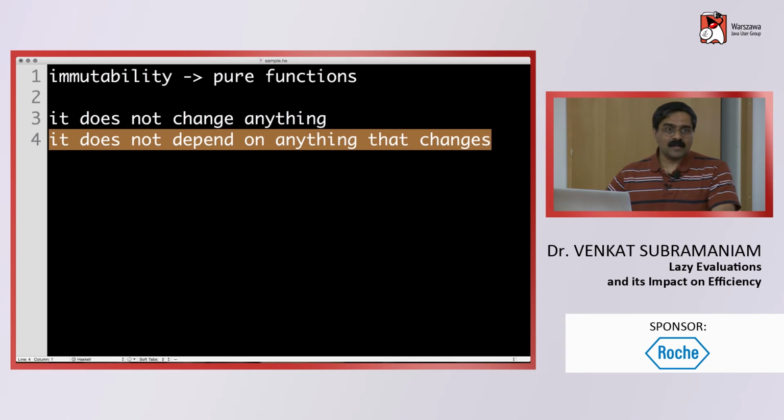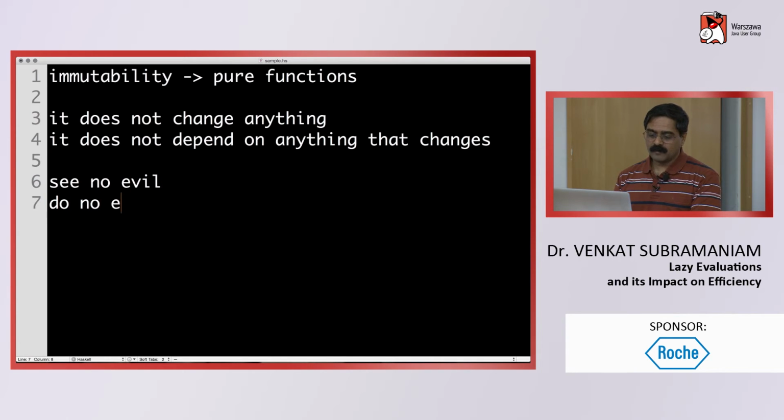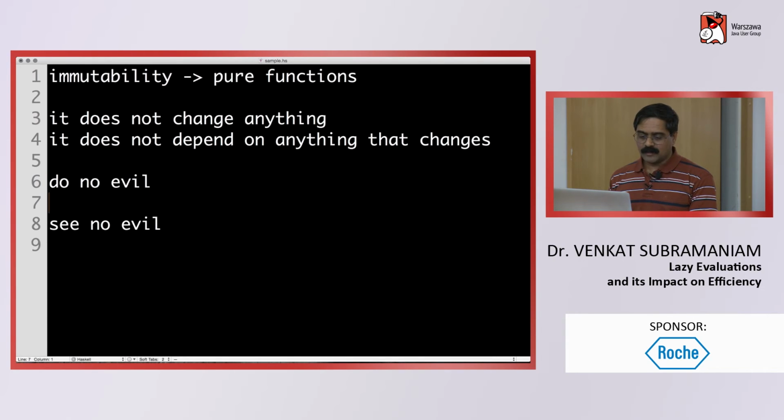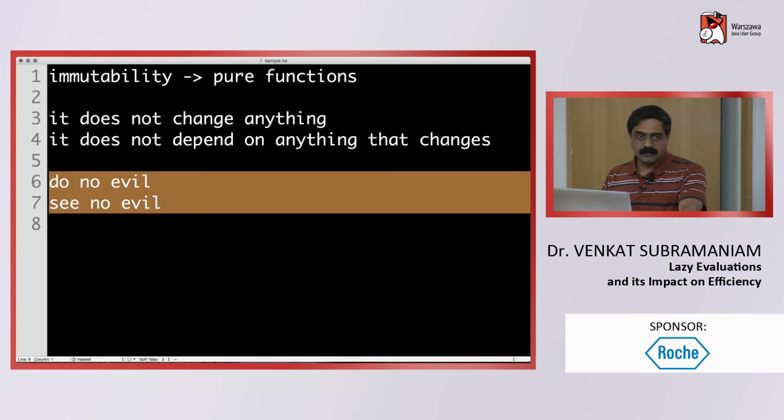You shouldn't depend on anything that changes either. To put this in a more philosophical term, see no evil, do no evil. Both, right? It's not enough to say, I'm not doing anything evil. Not stopping evil is also evil. So this is both. Do no evil is the first one. See no evil is the second one. Meaning, don't mutate and don't watch anything that's being mutated.